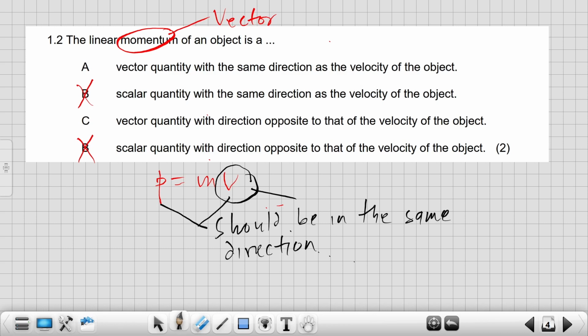Going back to my options, this one says vector quantity with opposite direction, so automatically it will not be correct. Then I will have my 2 marks at A. So it's easy. Eliminate the 2 distractors. After eliminating the 2 distractors, apply physics principles. From the physics principles, it will be easy for us to choose the correct answer.